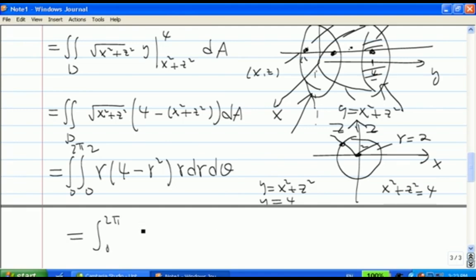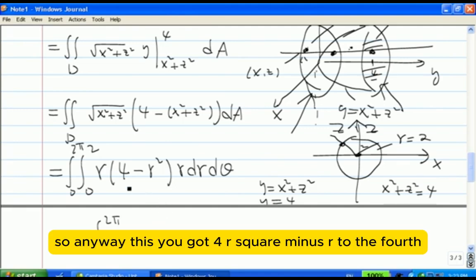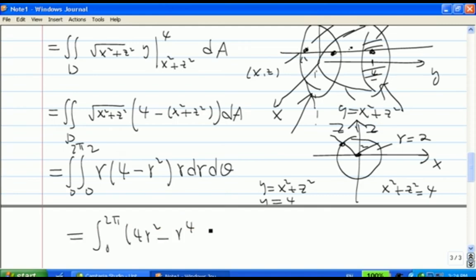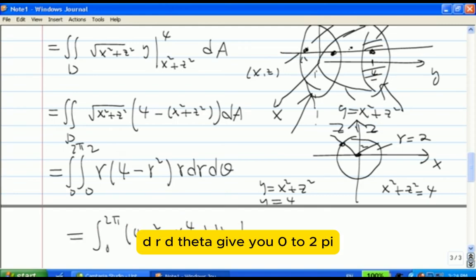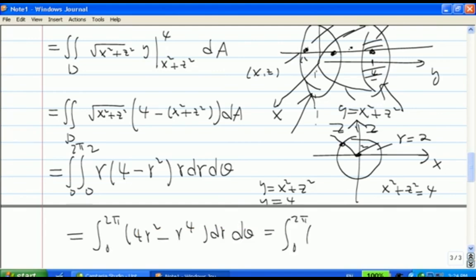So integrate this. You get 4r squared minus r to the 4th, dr d theta, from 0 to 2 pi.